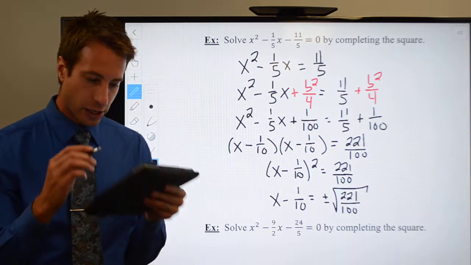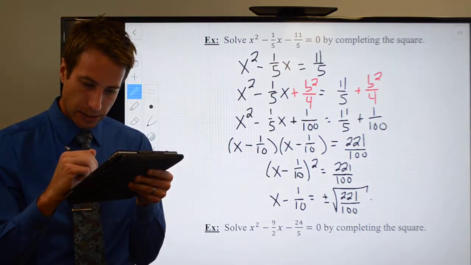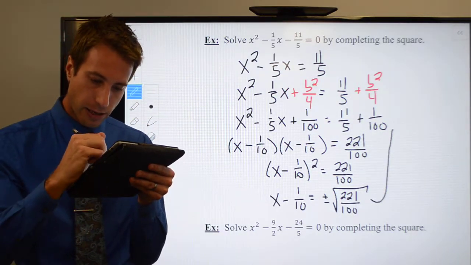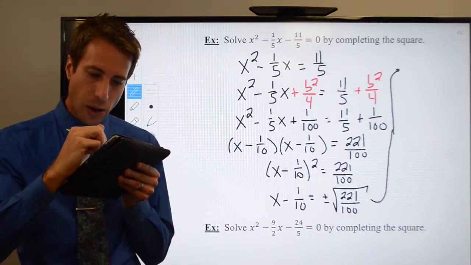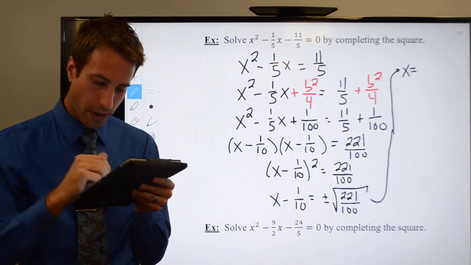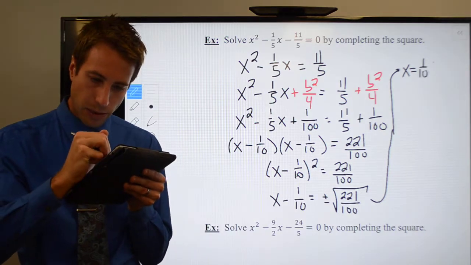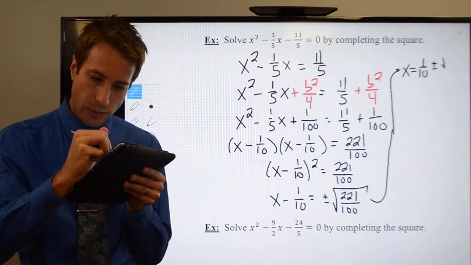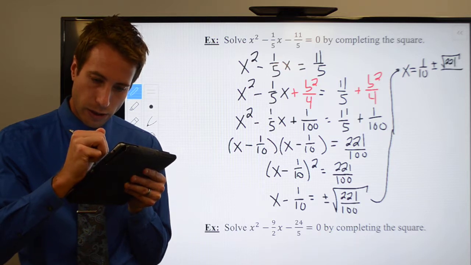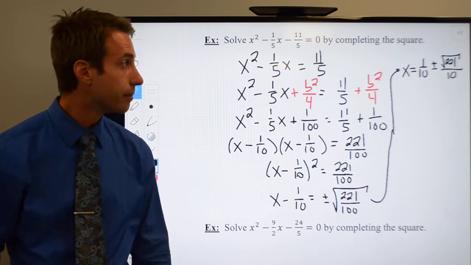Let me move over here so I have a little bit of space. And I wind up with x is equal to a positive 1/10 plus or minus the square root of 221 all over 10.